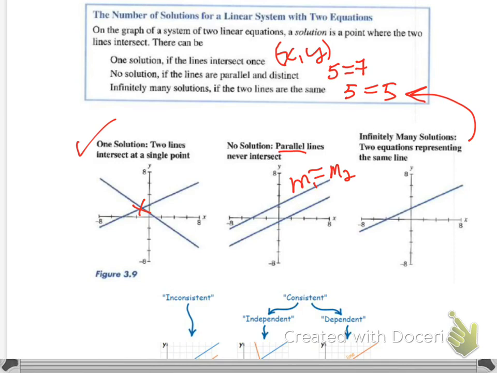You have an infinite number of solutions, every x, y combination is exactly the same, and you can see that if you just look at the points along the line. You're going to have the same x and y for both lines because they are indistinguishable. So in that situation, you would have infinitely many solutions. Okay, there's another way to term that, and it's called inconsistent and consistent, and we'll talk about that on the next slide.